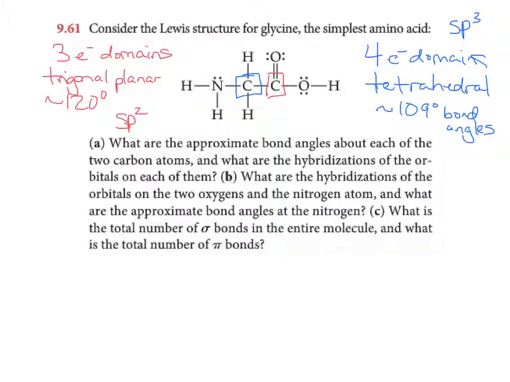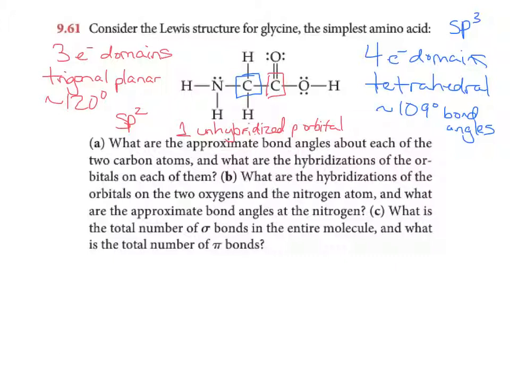Because it's only got 3 domains around it, so I only needed to mix together 3 atomic orbitals to get those 3 hybrid orbitals. So what's happening to that other p that I'm not using? What do we call that other p that's not part of this hybridization process? Do you remember that language? One unhybridized p orbital. Basically the opposite of being hybridized would be unhybridized.